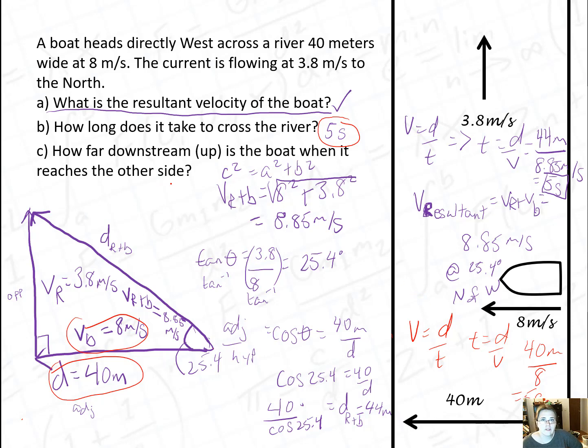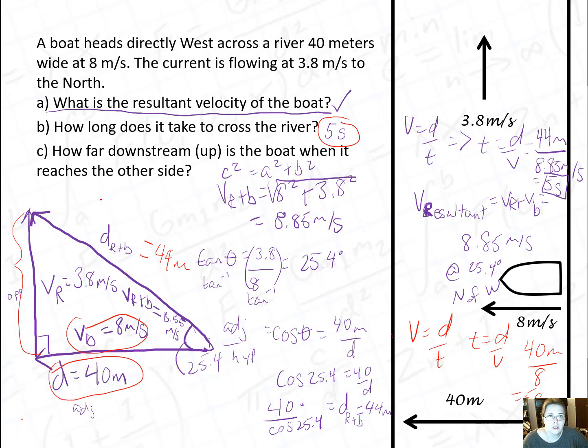So then how far downstream or up is the boat when it reaches the other side? So now we just have to find this missing side right here. This one was 44 meters. So it's just Pythagorean's theorem. I'm going to change colors again so we can see again.